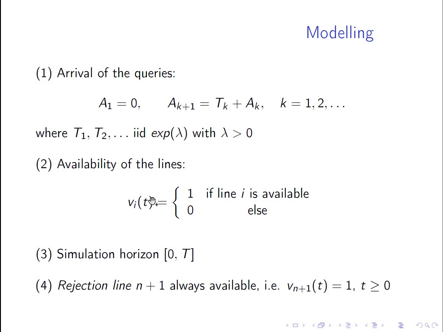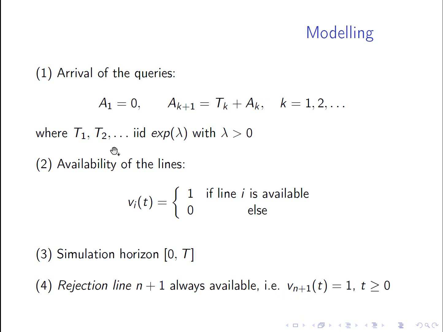This can be done easily by just having these variables v_i(t). And v_i(t) is 1 if line i is available and 0 else. What we also need to do is to fix the simulation horizon. Well, this is from 0 to capital T. That's simple. And also for the modeling, we need to have this rejection line, and the rejection line is always available. So v_{n+1}(t) is always 1.